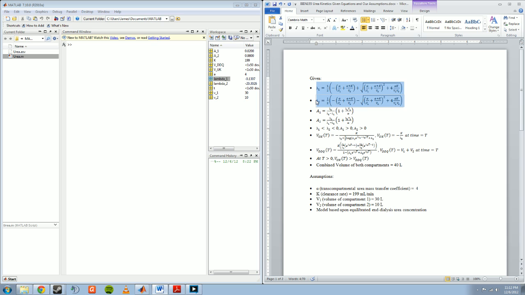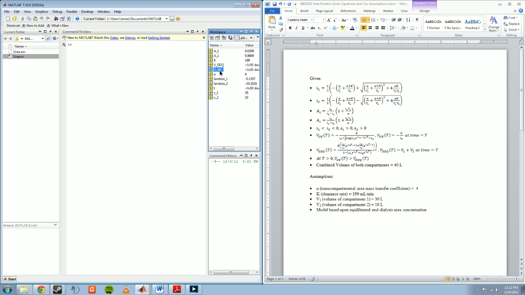The other condition was that A1 and A2 are supposed to be greater than 0. In the workspace window, we can see that the calculated values for A1 and A2 are both greater than 0 and satisfy this condition. The urea distribution volume at time t is supposed to be equal to negative K over lambda 2 for the urea kinetic model.